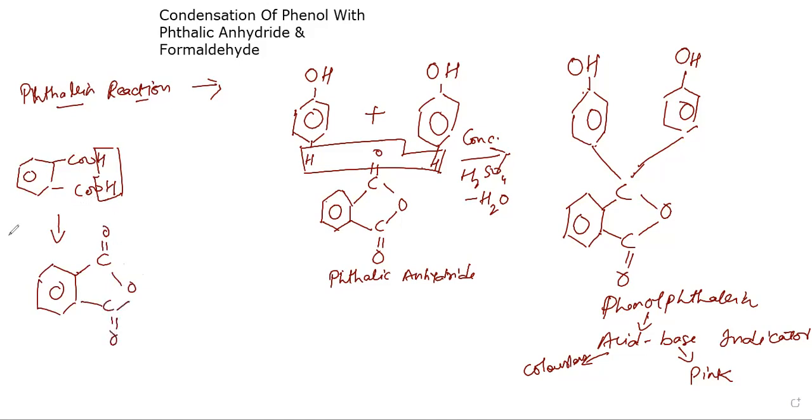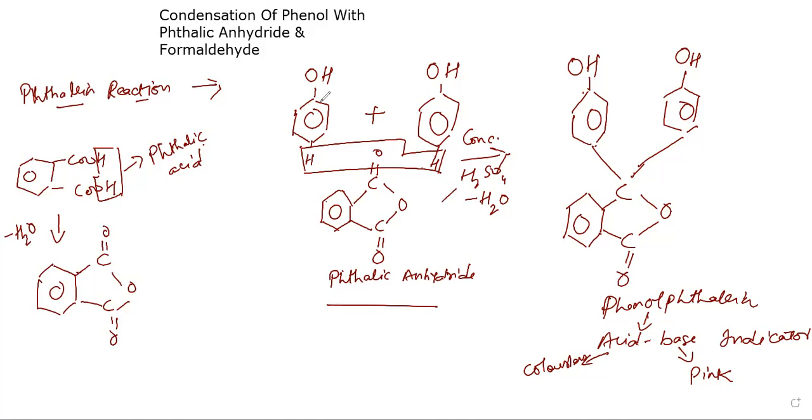So when a water molecule is eliminated from phthalic acid, what you get is an anhydride of phthalic acid. We call it phthalic anhydride. I hope this reaction is clear to you.